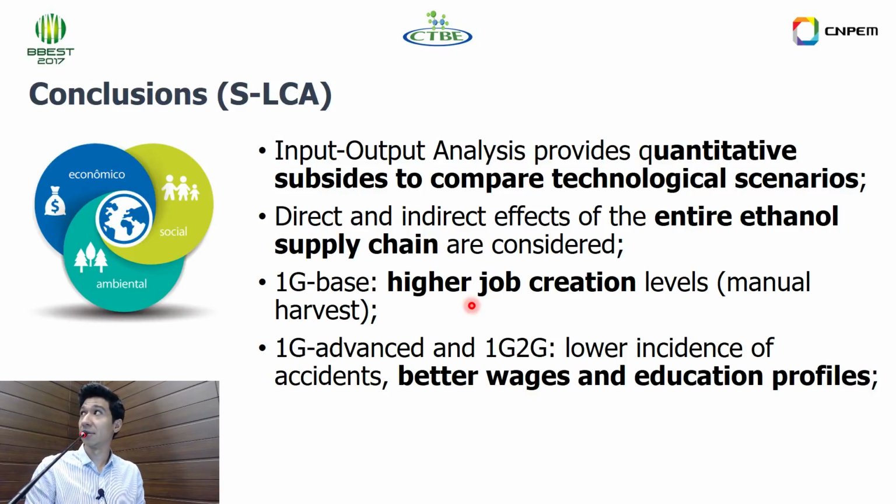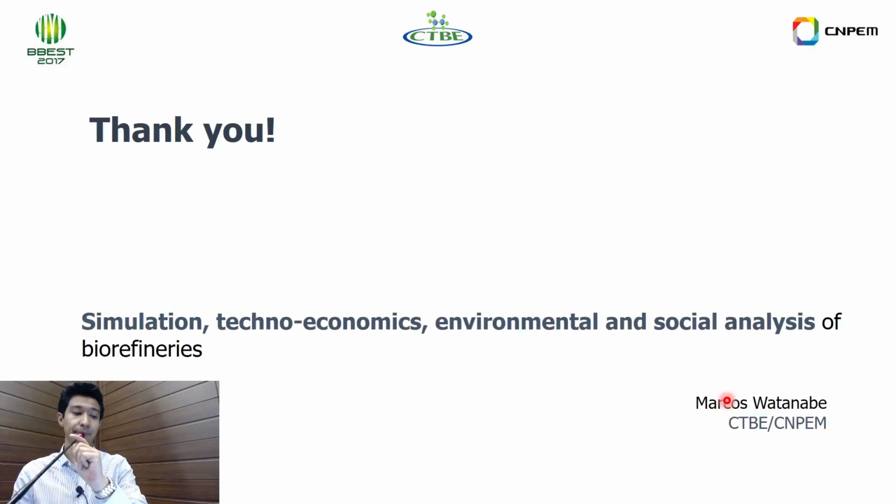On the other hand, these jobs don't have good quality, and as we move to first generation advanced and integrated first and second generation, we expect lower incidence of accidents and also better wages, higher education, and also more female participation in the supply chain. So that's all. Thank you.